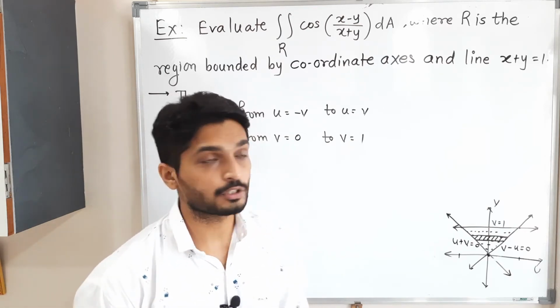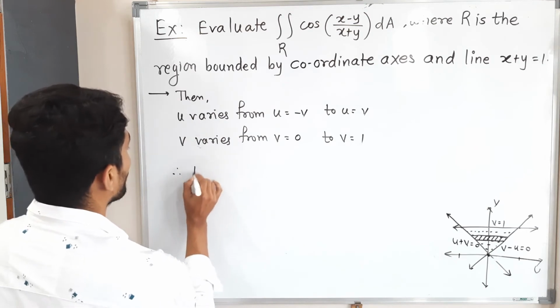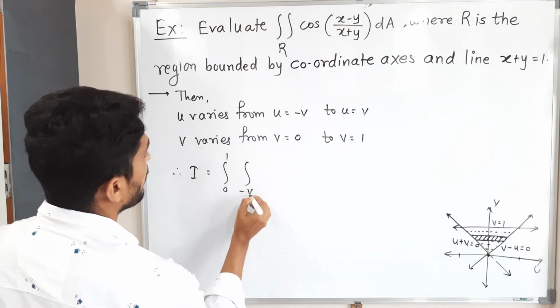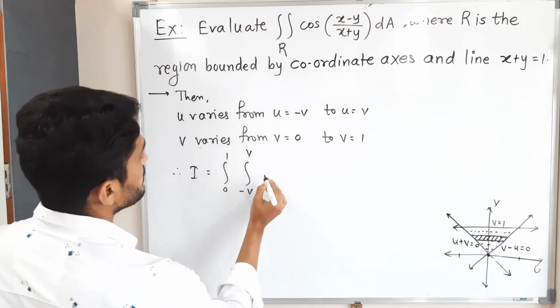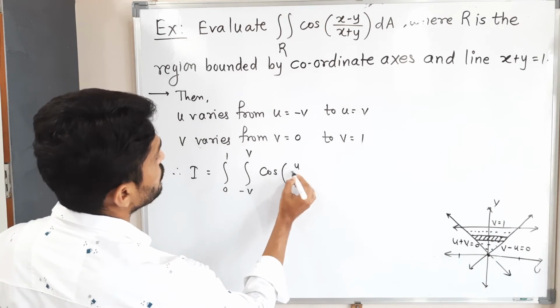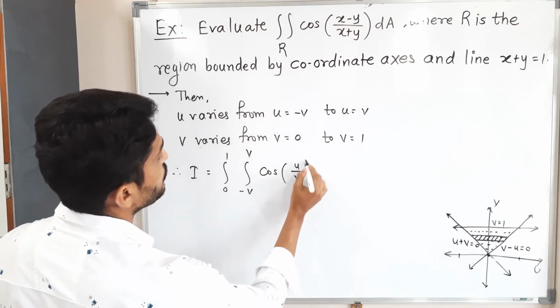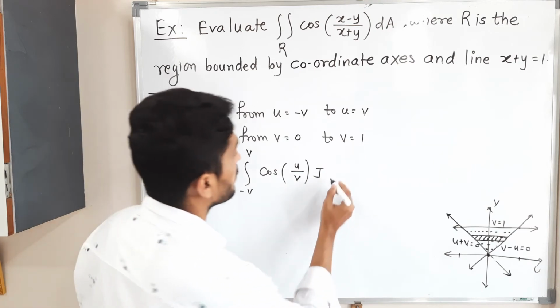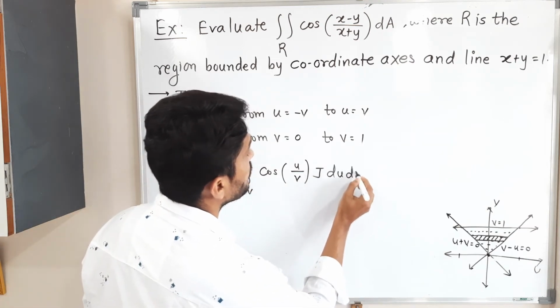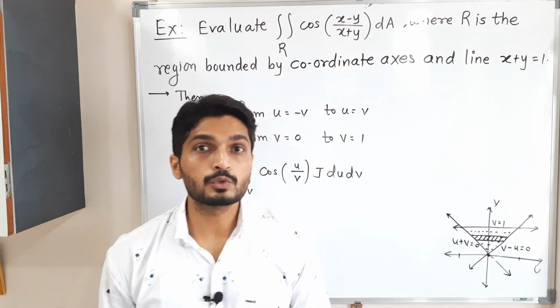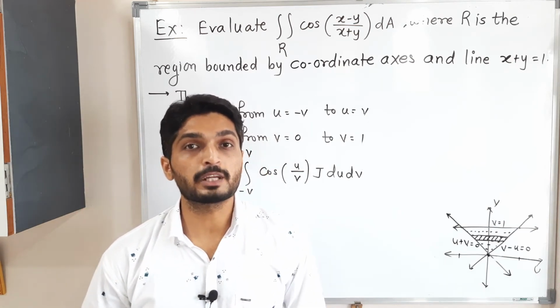So let us solve the integration then. Therefore, I is equal to the limits of v 0 to 1, and the limits of u minus v to v. Let us convert the integral. Cos of (x minus y) means u, x plus y means v. We write the Jacobian, and I will write du dv. Since the strip is parallel to the u axis, we will solve the integration with respect to u first.